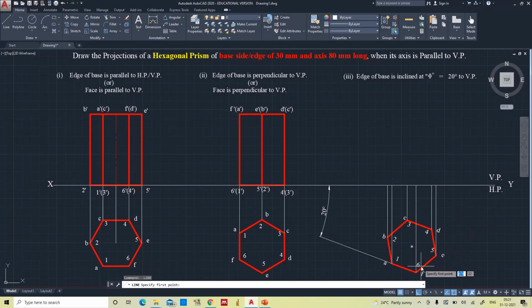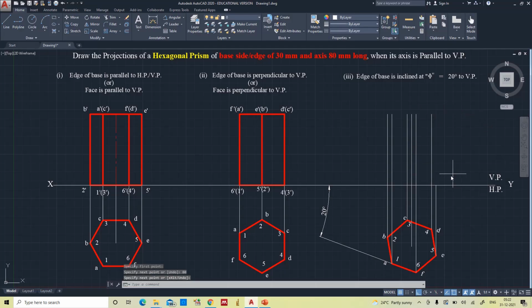And this is the center line. The center line is 80 mm. First we will draw all the lines, 80, 80, 80, 80, 80, 80.